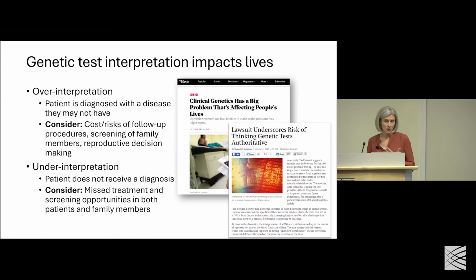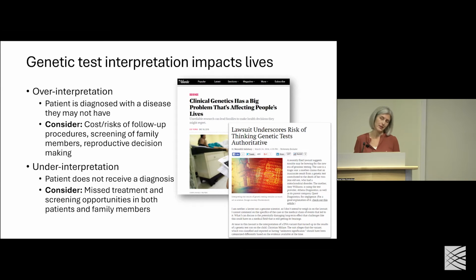The lab interpreted that variant to the standards of the time and to the best of their ability, given the evidence they had at the time. The family decided to terminate the pregnancy based on that information. But it turned out that several years later, that variant was reclassified to a likely benign variant. So that's obviously an undesirable outcome.